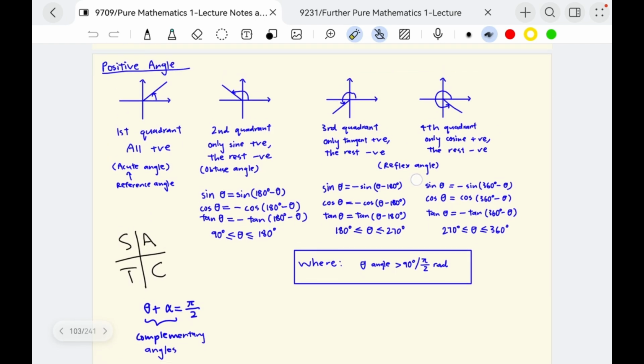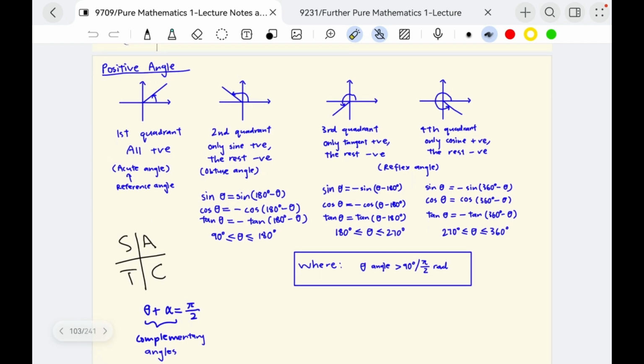Okay, so for the positive angles, get to familiarize how to find the angle lines for each quadrant. Quadrant 1, all positive; 2, sine positive; third quadrant, tangent positive; and the fourth, cosine positive. Or you can use this memorization method, All Sugar, Tea, and Coffee, ASTC.